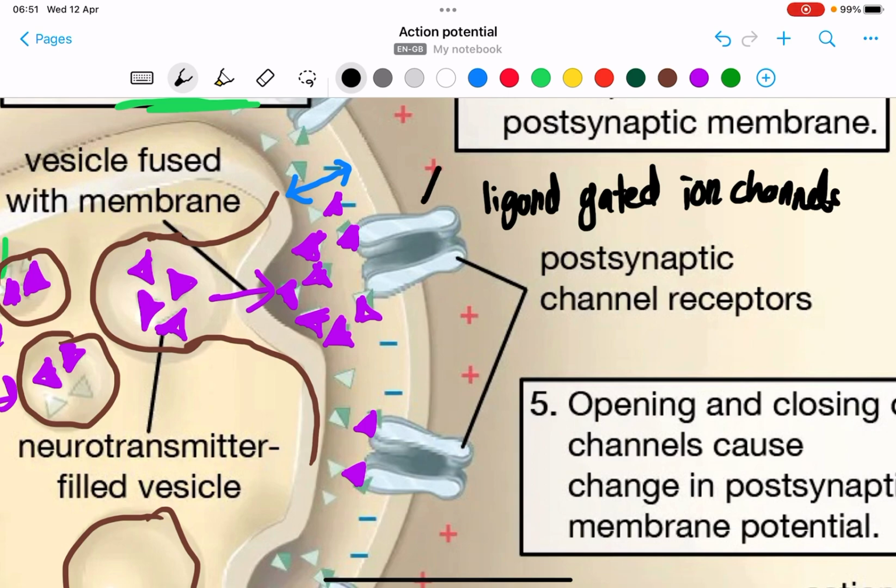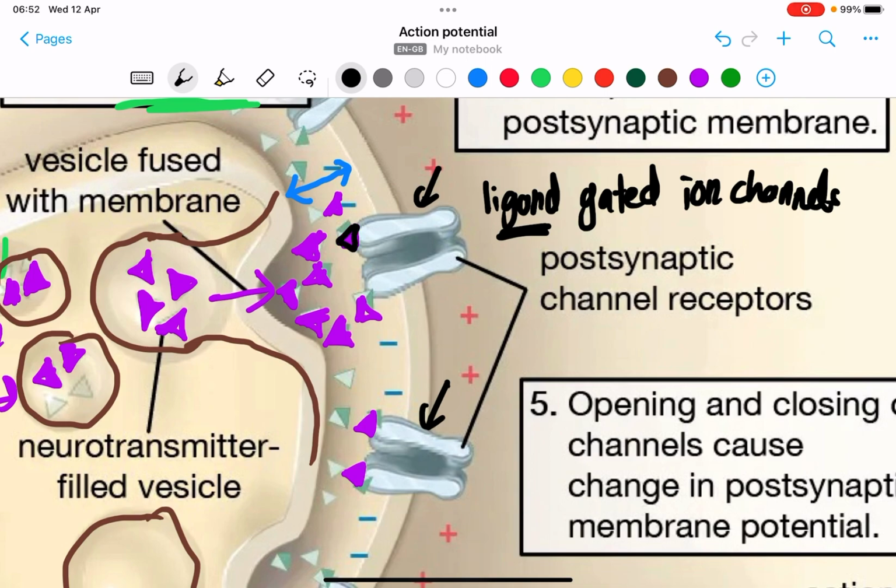These are the ligand-gated ion channels at the postsynaptic membrane. Post because it is after the cleft, presynaptic before the cleft. It is called ligand because it has a receptor to bind with the neurotransmitter. Ligand means it binds with any chemical substances.